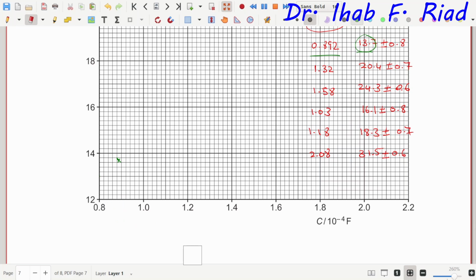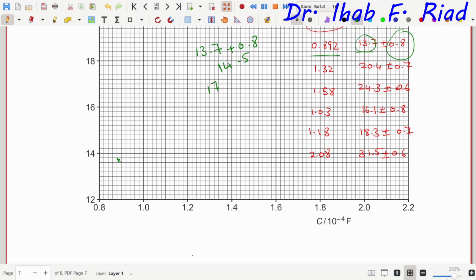Okay. Now we are going to go for the error bars. So the error bars, this is how we are going to do them. 13.7 plus 0.8 is going to be 14.5.